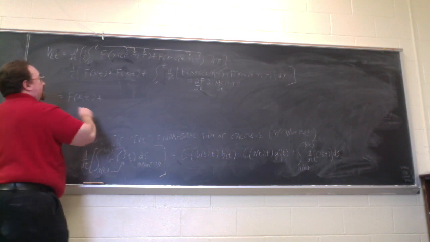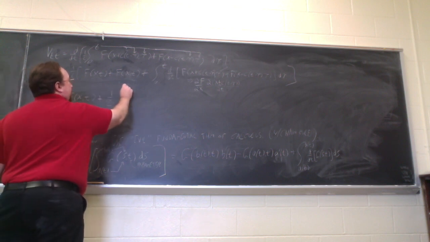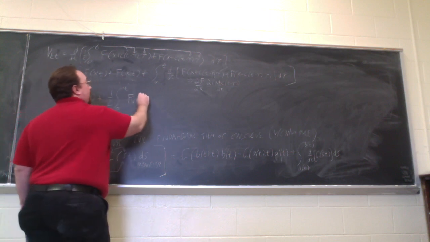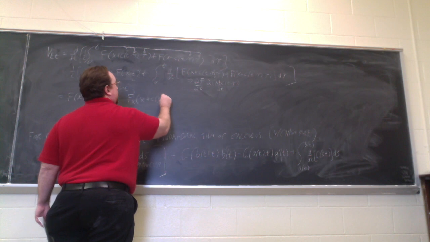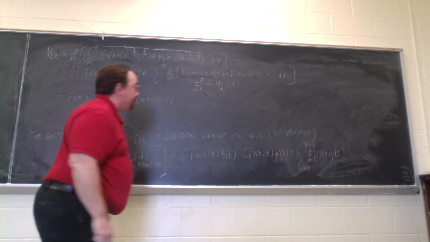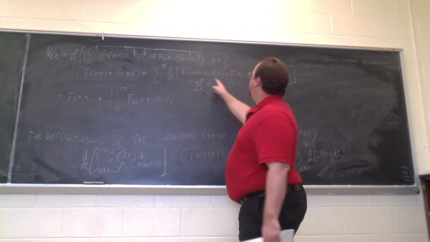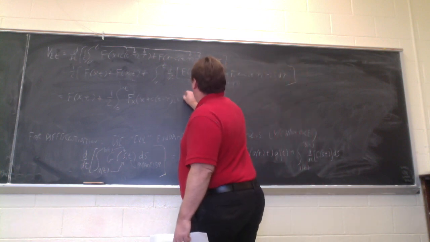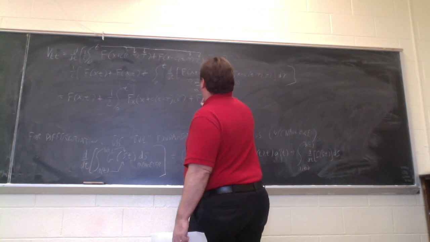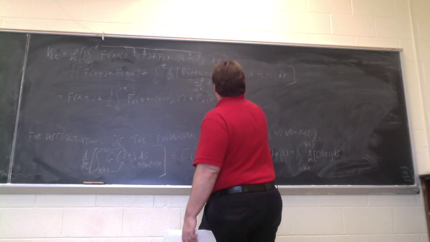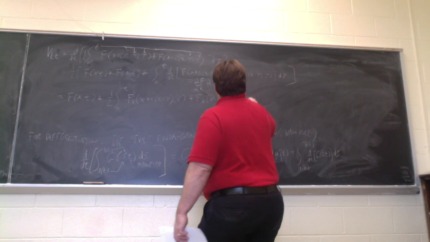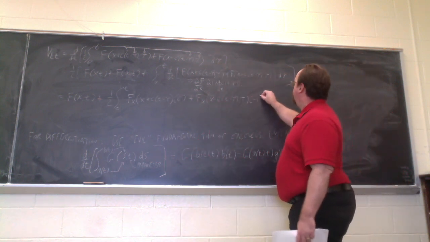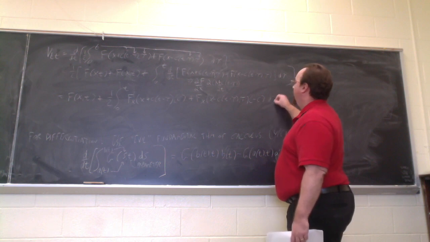So that's going to give us 1/2 integral from 0 to t of f_x of this whole expression times the derivative of this with respect to t, which gives us a c, and then df dx again times the derivative of this with respect to t, which gives us a minus c, d tau.